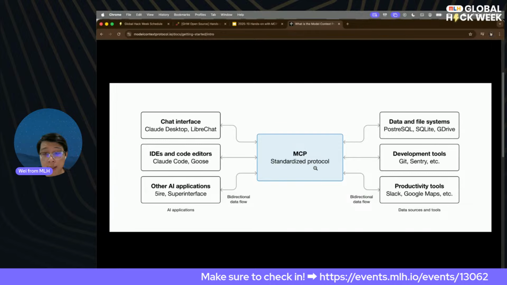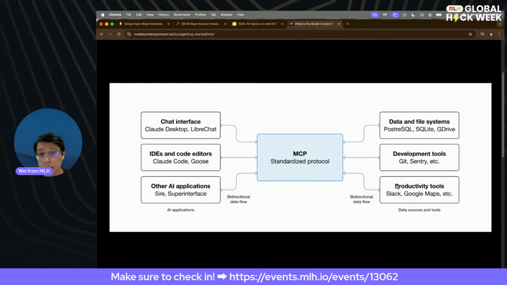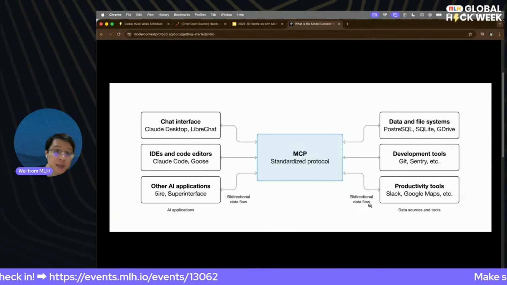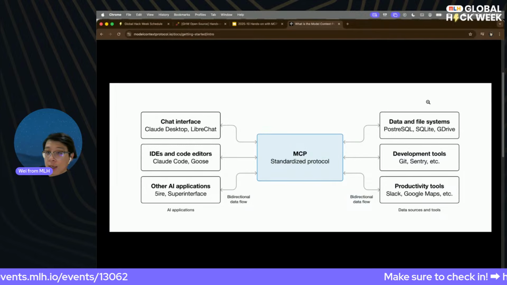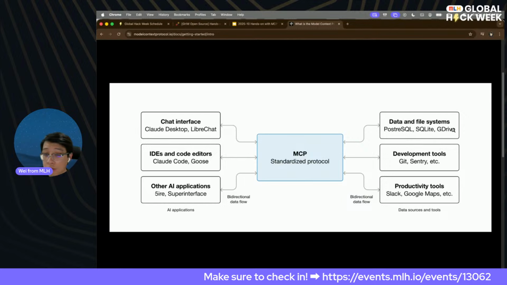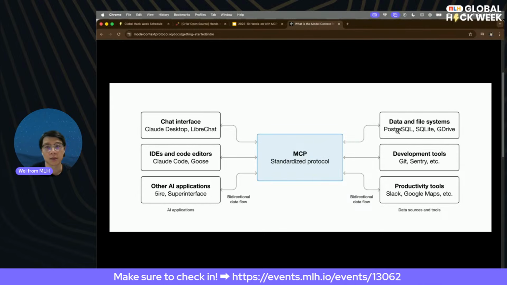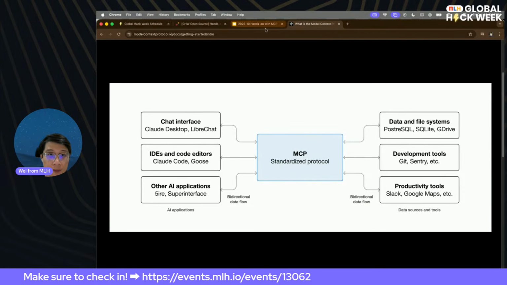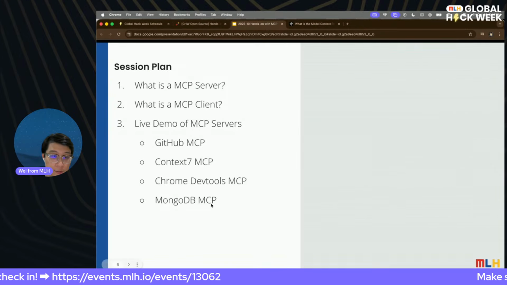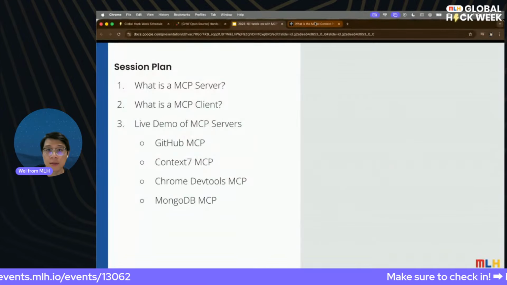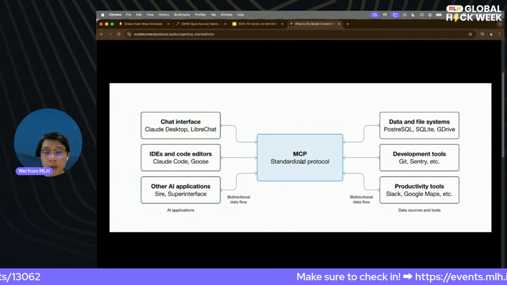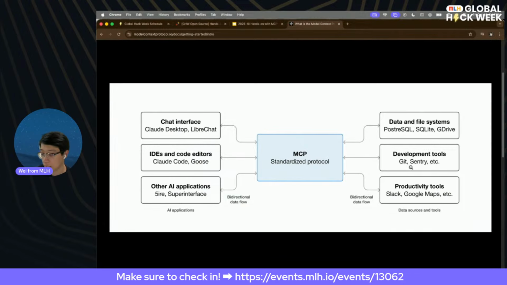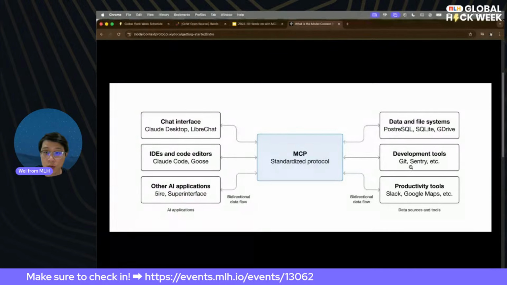All right, and then to the right, these are things that are exposed through MCP servers, right? So to the right, you can see access to databases, including Google Drive, Postgres, SQLite, maybe MongoDB. I have that on my list here, so maybe we'll play with MongoDB a little bit towards the end. It also has access to Git, through our GitHub MCP, which we tried.